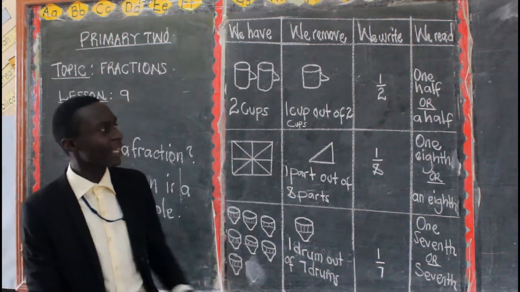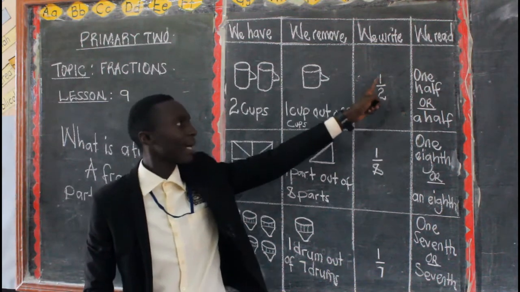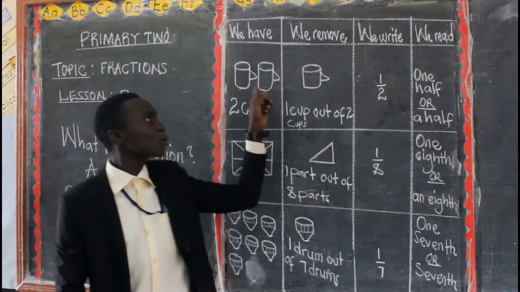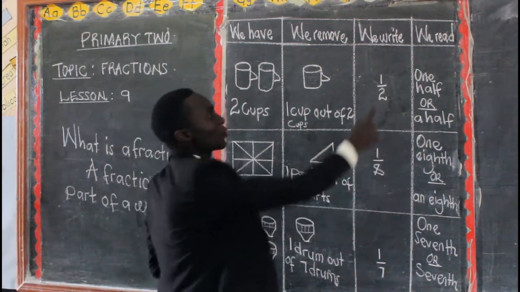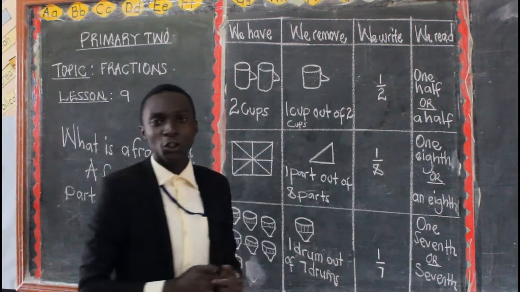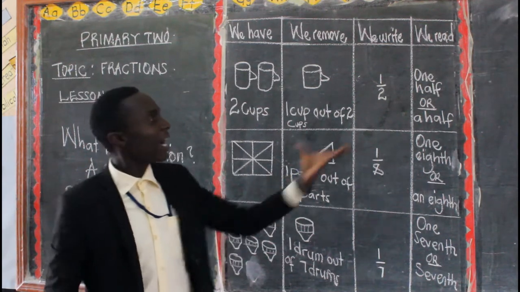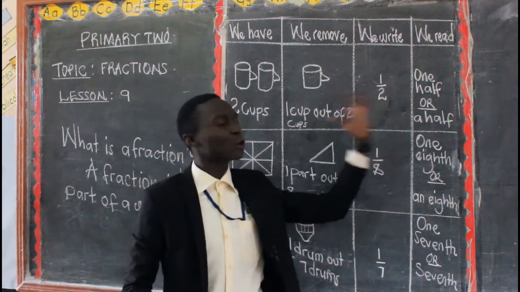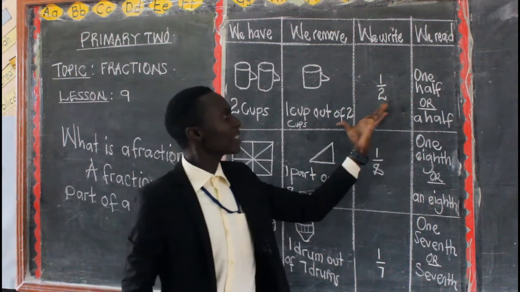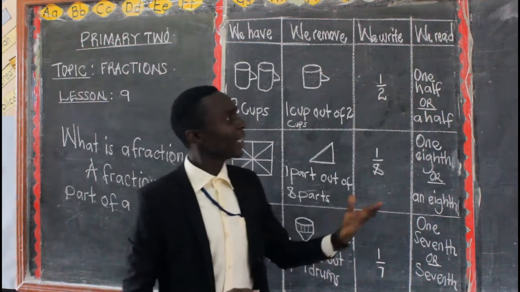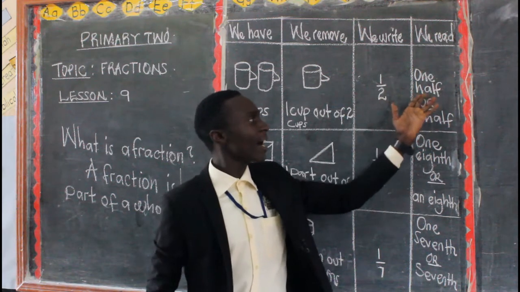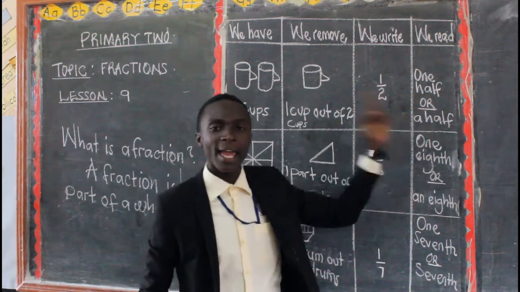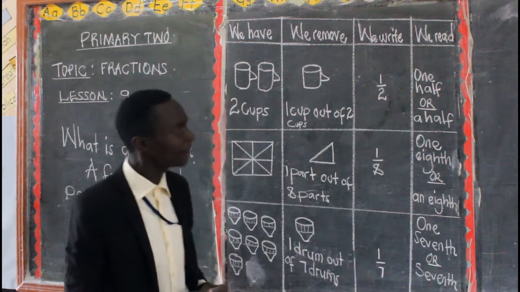You have removed only one cup out of the two cups that you are having. That's why we say that our fraction is 1 out of 2. How do you read 1 out of 2? We don't read it as 1 out of 2. No, we read it as 1/2, or we say a half.